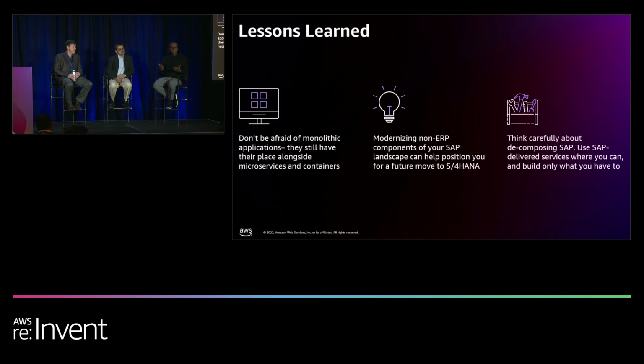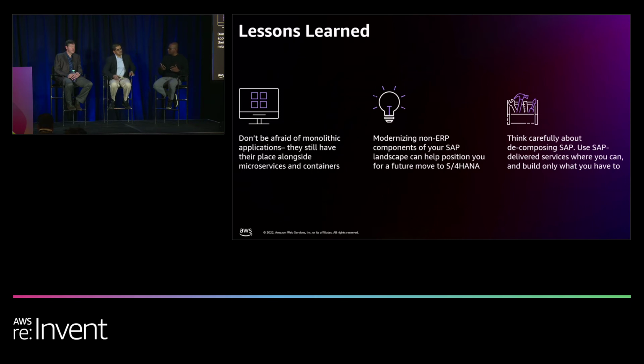And don't build commodity capabilities. Billing is not a differentiating factor. If billing is not a differentiating factor for your business, don't build billing microservices and do the heavy lifting yourself, right? Configuration over code. Try to configure, don't write a lot of code. So SAP allows you to do it. And we went down this path of embracing the monolith as well as adopting cloud native services and enabling faster performance.